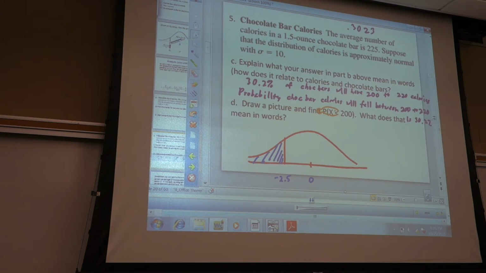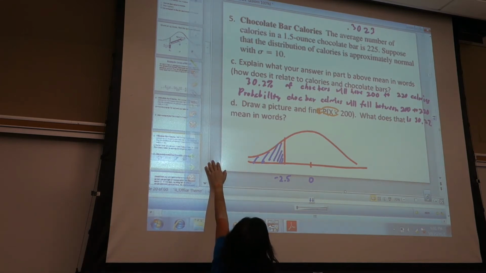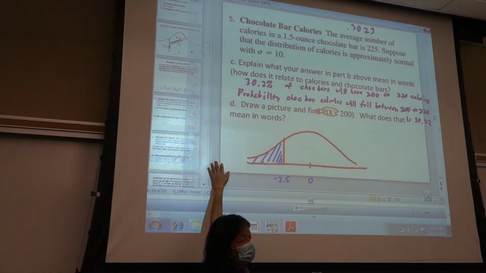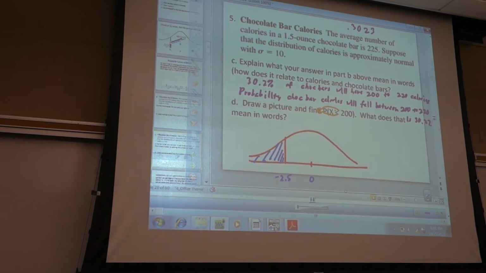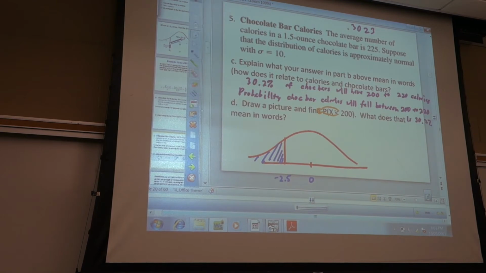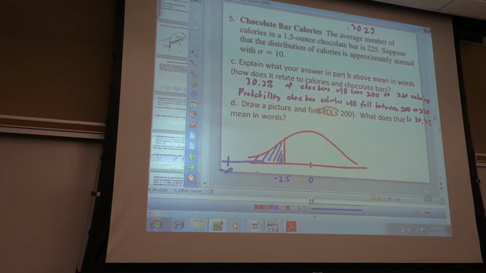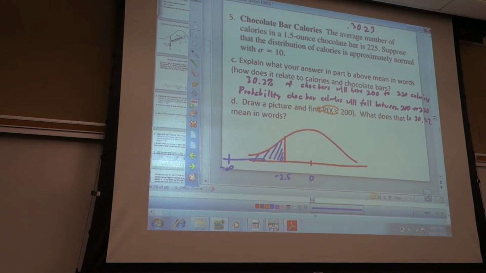Do you know what I'm saying? So here, what's my z-score way out here? Negative infinity. So we are going to do normal CDF.